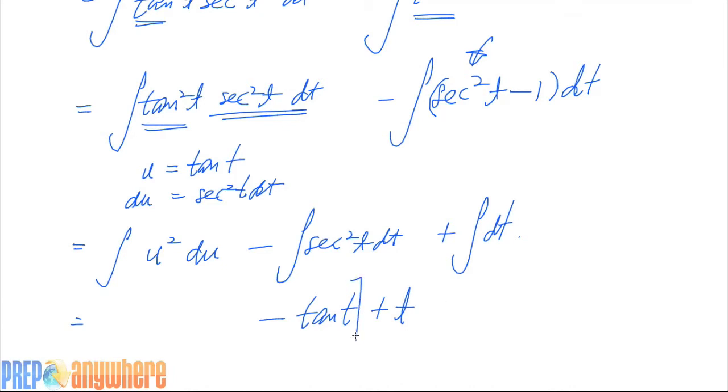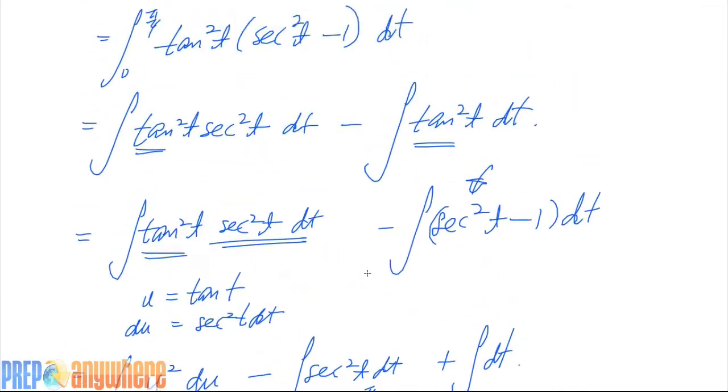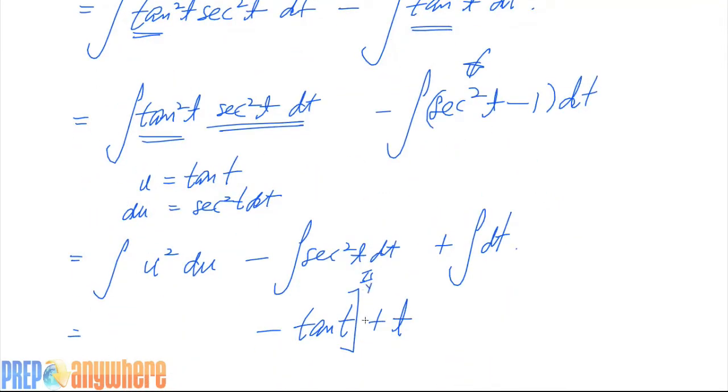So we have to plug in all of this, from 0 to pi over 4. For the first one we get 1/3 u cubed, which is the same as tangent cubed t. In there we plug in pi over 4 and 0.